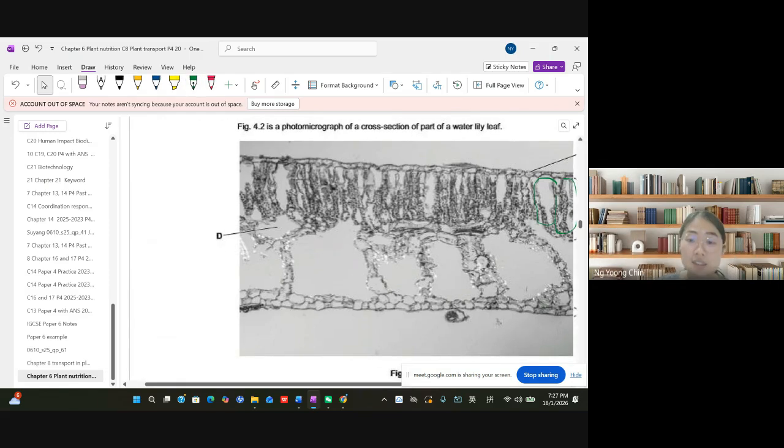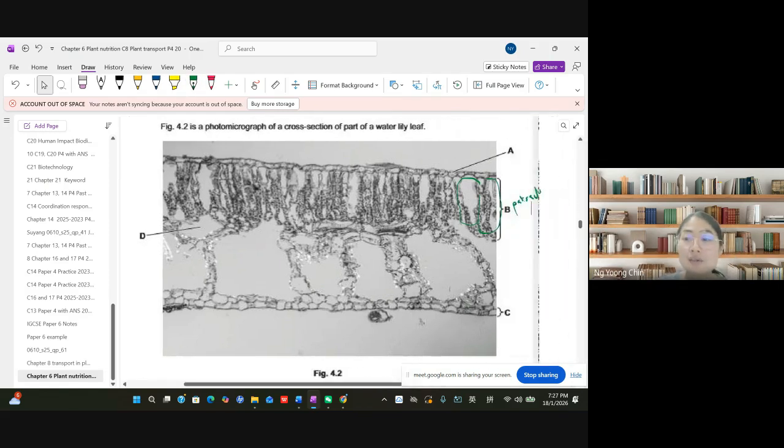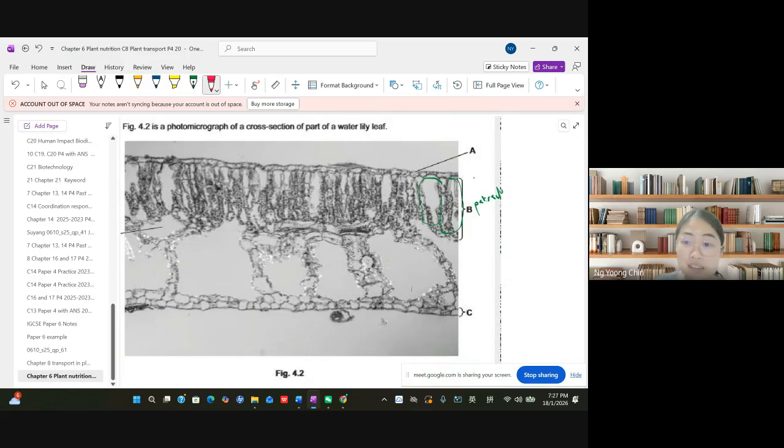Starting from this layer will be the spongy mesophyll cell. See here, they all belong to spongy mesophyll cell because they are closely associated with the airspace.